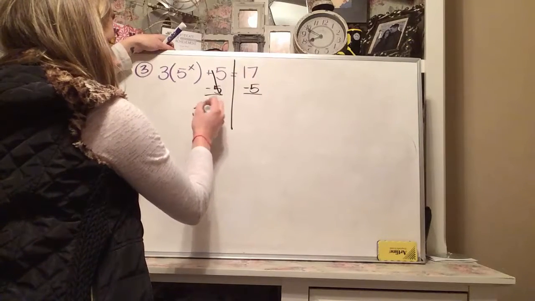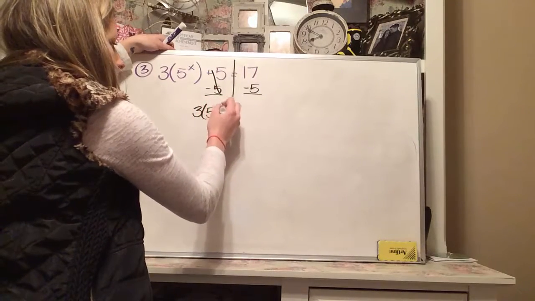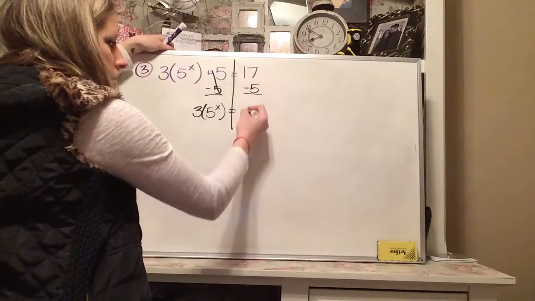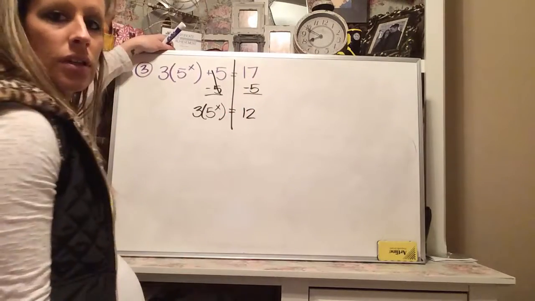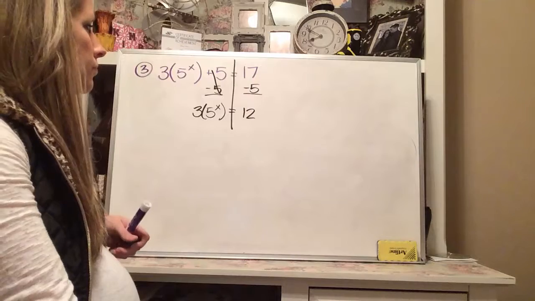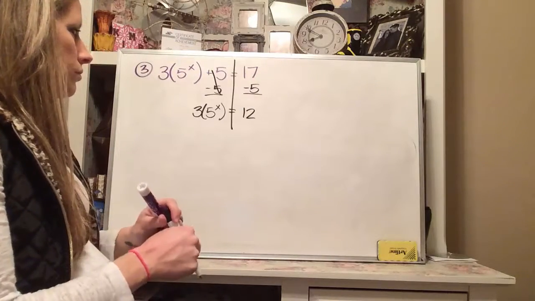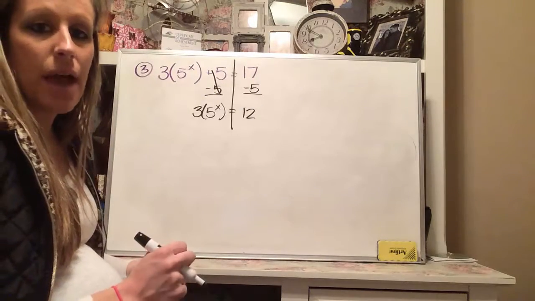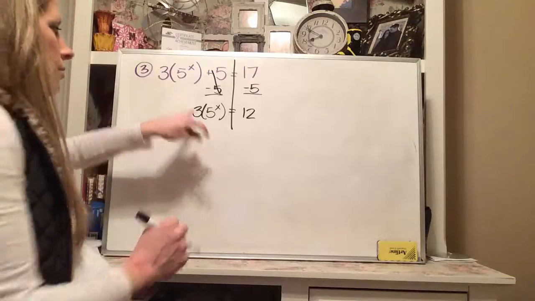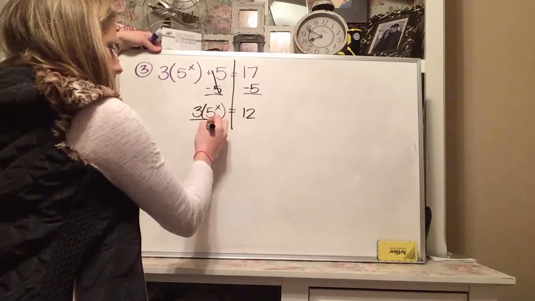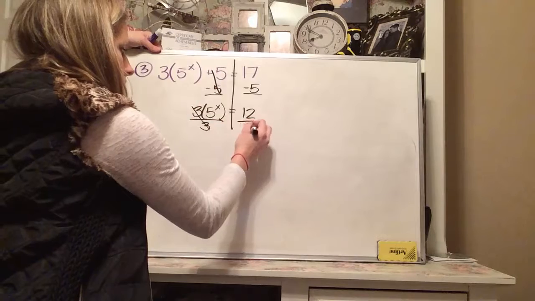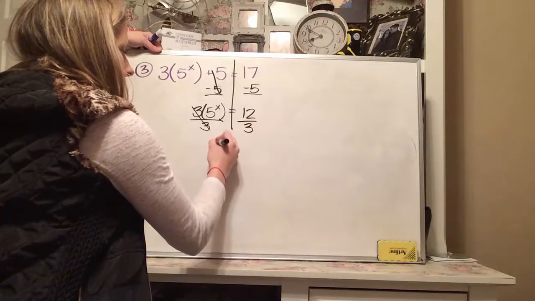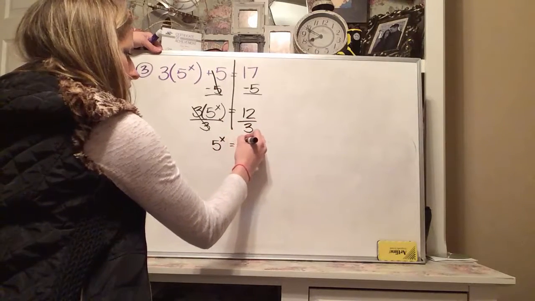So 3 parentheses 5 to the x power equals 17 minus 5 is 12. I need to get that 5 to the x power by itself. So I'm going to divide by 3. So 5 to the x power equals 4.